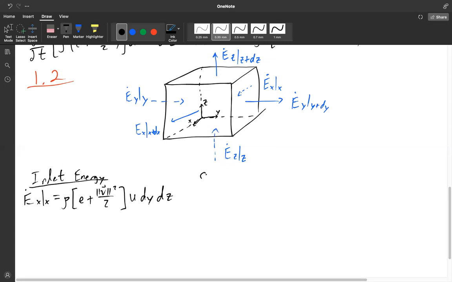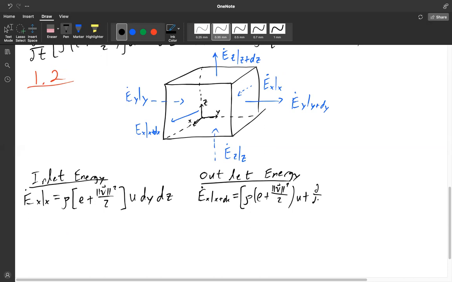The outlet energy would be the following. Rho times e plus V squared over 2 times u, plus partial x.